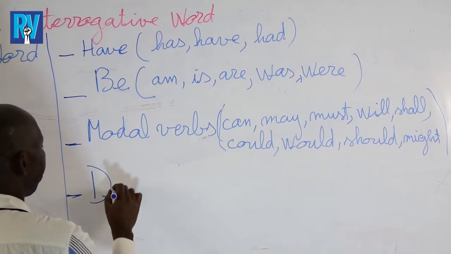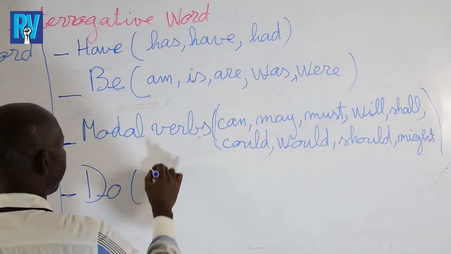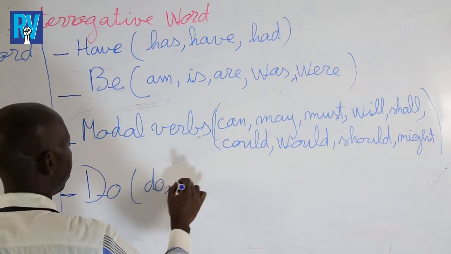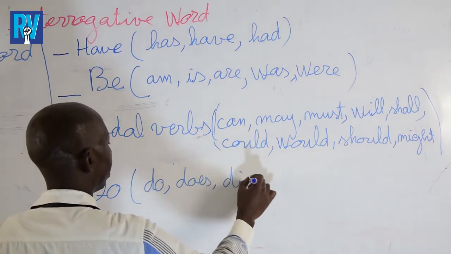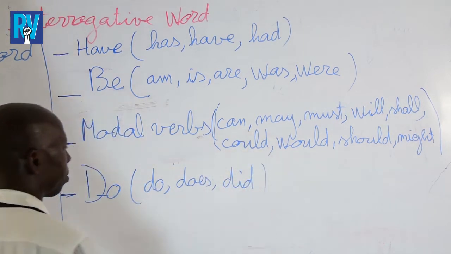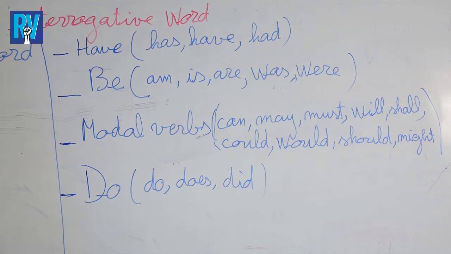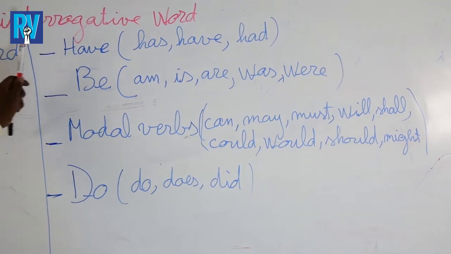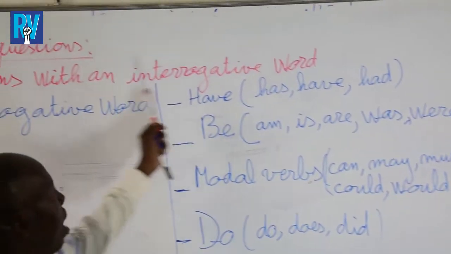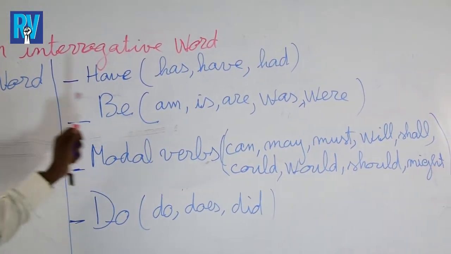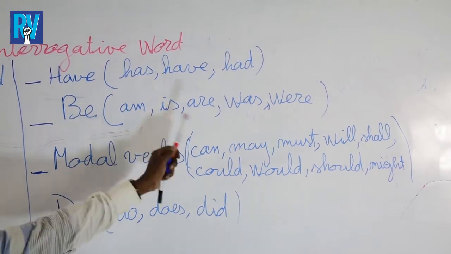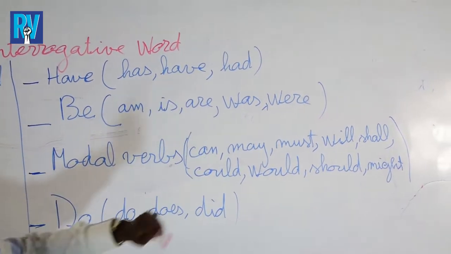The do grammatical. Maybe do, does, or did, after your interrogative words. Who has, where have, when had, who am, what is, where are, what was, where were.